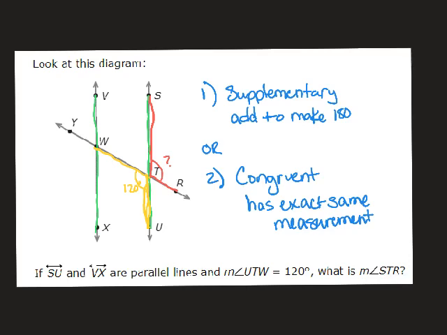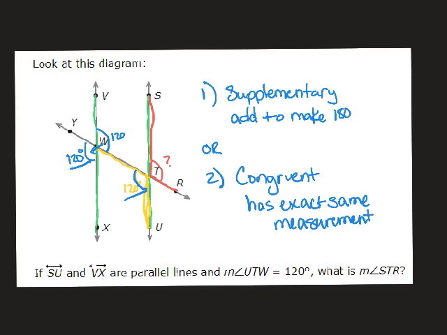So if angle UTW is 120, then I know that the alternate interior angle VWT also is 120. They're alternate interior. And across from W is a vertical angle, so that's also 120. And it's corresponding, they're both on the same side of the parallel lines, to the original yellow angle.